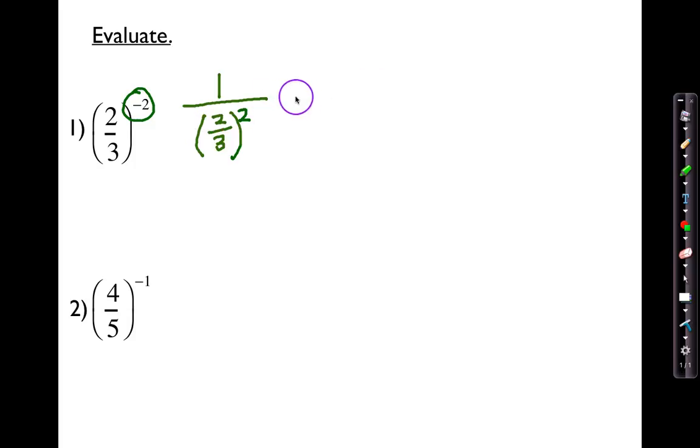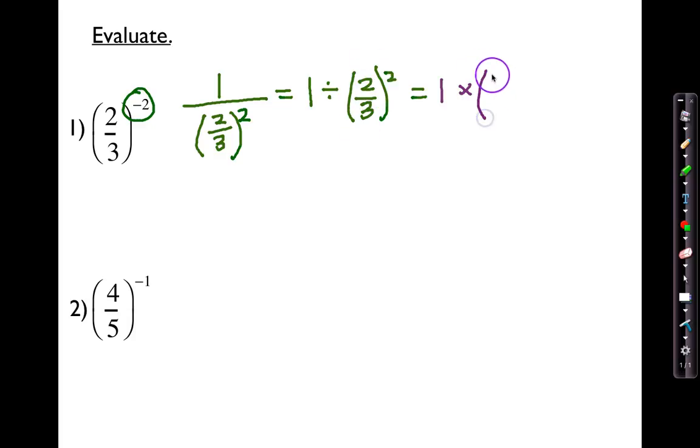Now what this becomes is technically a division problem, because we normally don't leave fractions written this way. So I'm going to put 1 divided by 2/3 squared. Well, this is essentially the same thing as taking the first number and multiplying it by the reciprocal.